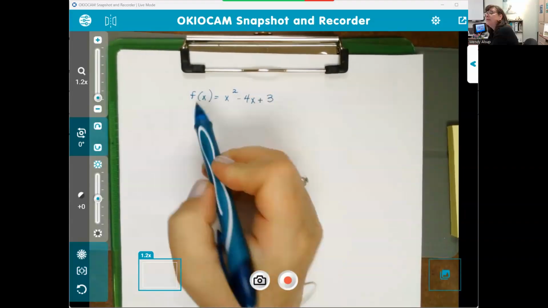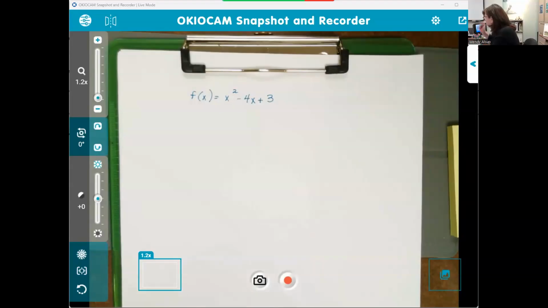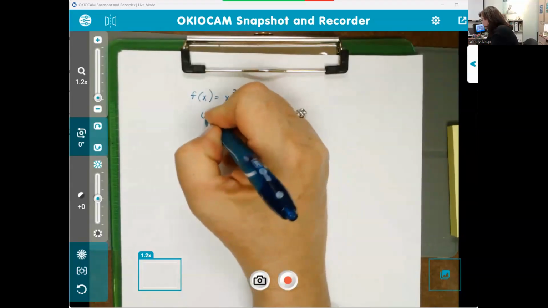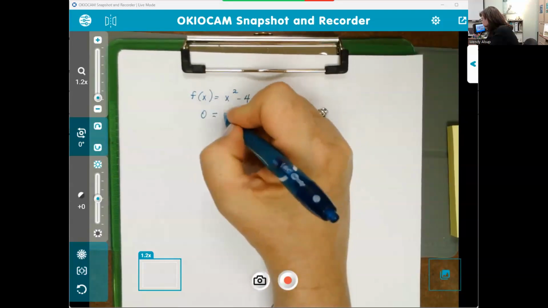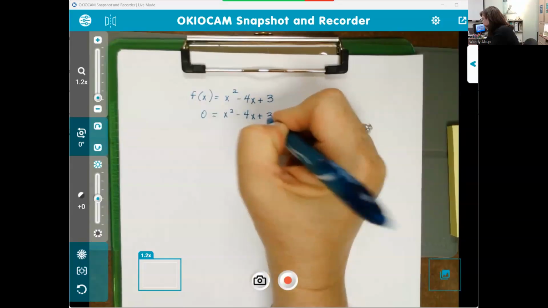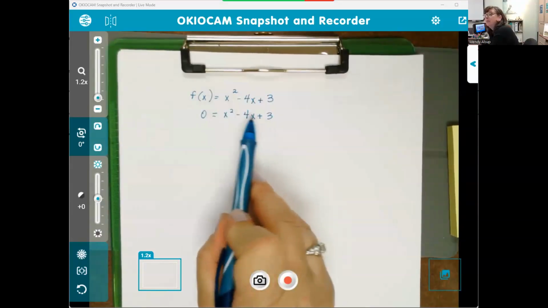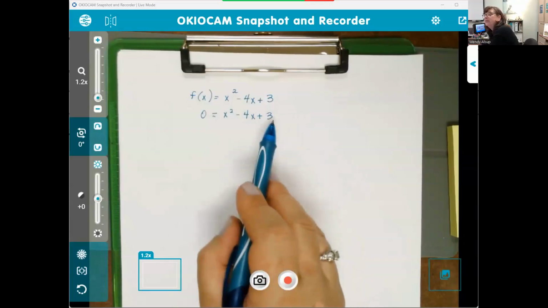It's a quadratic function because it has x to the second power. That's your highest exponent. And we're going to find the solution to it, which means where the y value equals 0, where the function equals 0. The way I'm going to do this first is factoring, where I divide it into things that multiply together to equal this function.